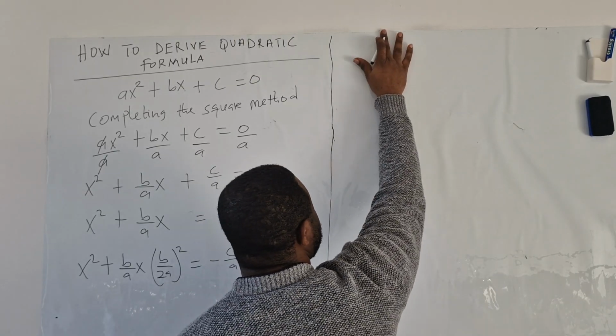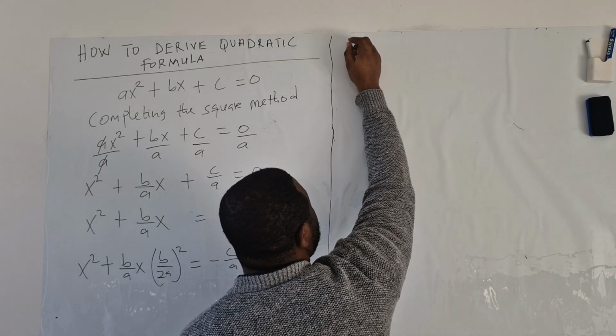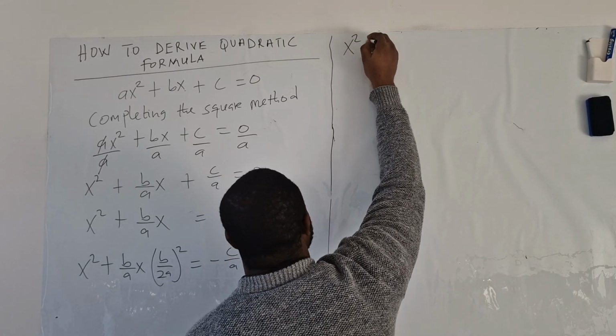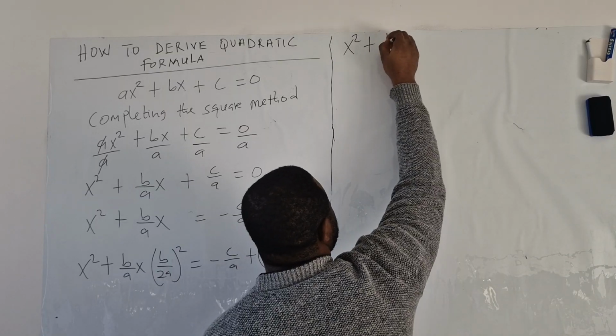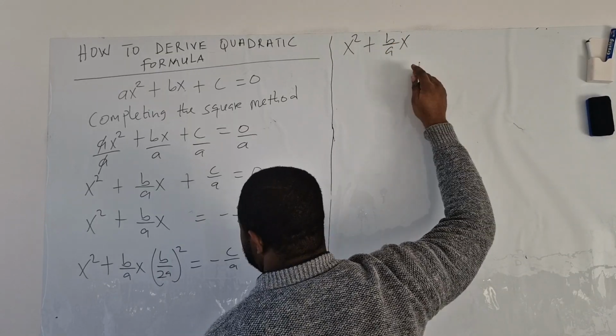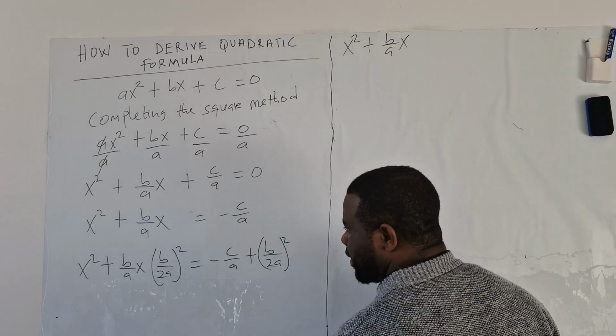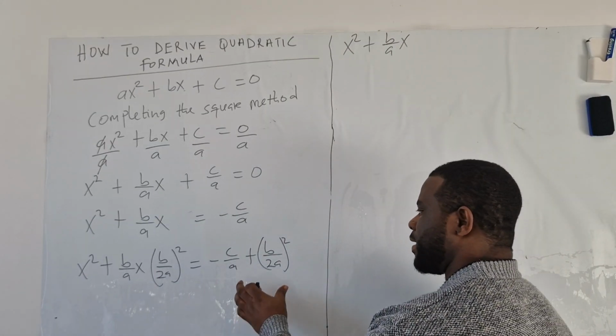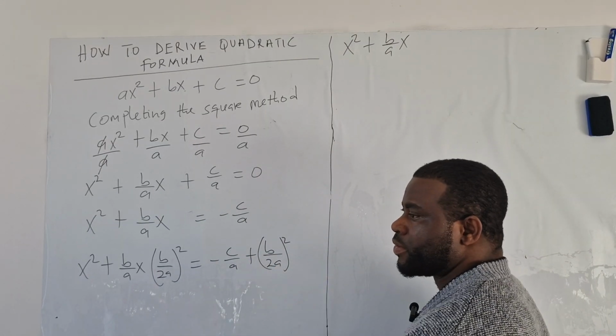So this is giving us x squared plus b on a x plus b on 2a all squared. We maintain the left side here for now, and then we simplify the right side of the equal to sign.